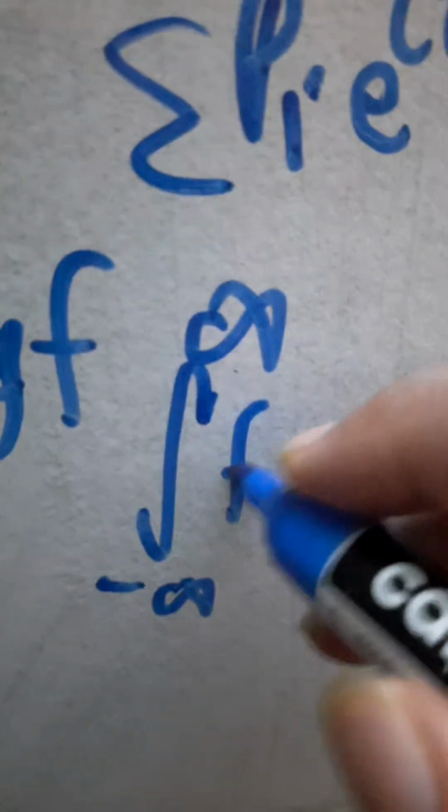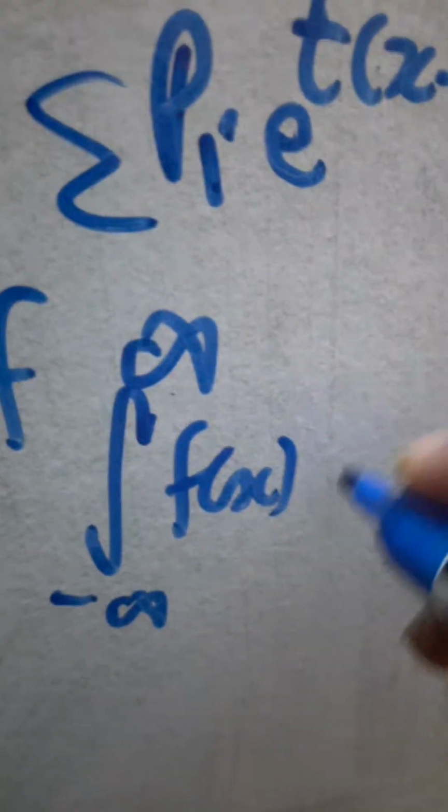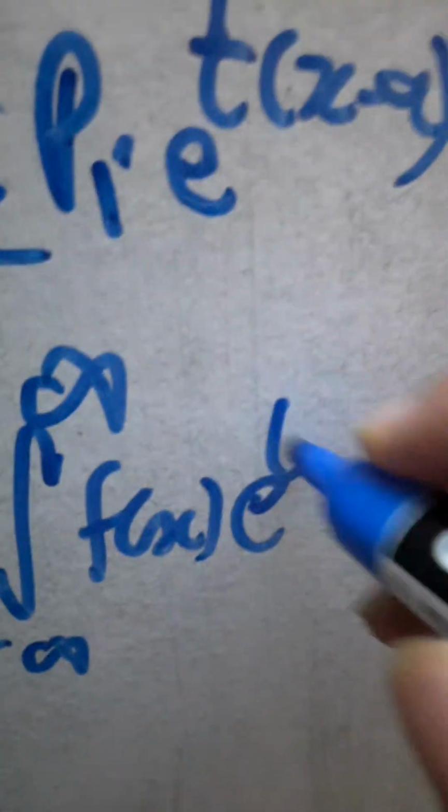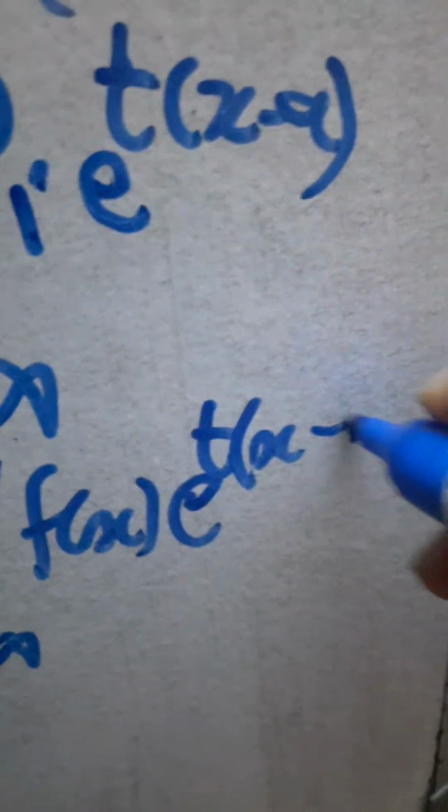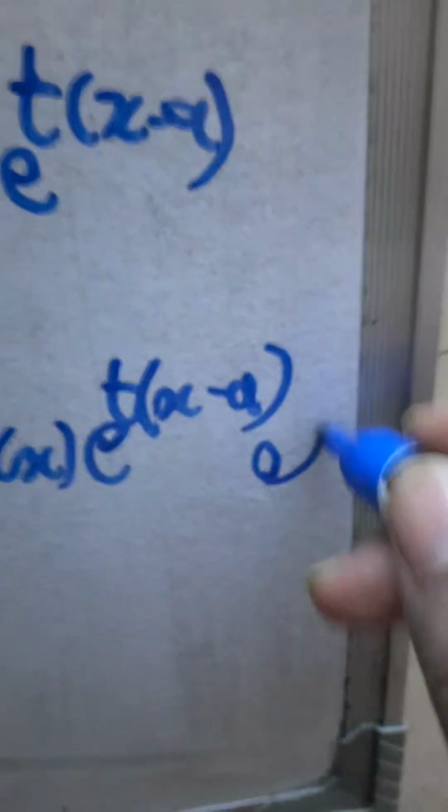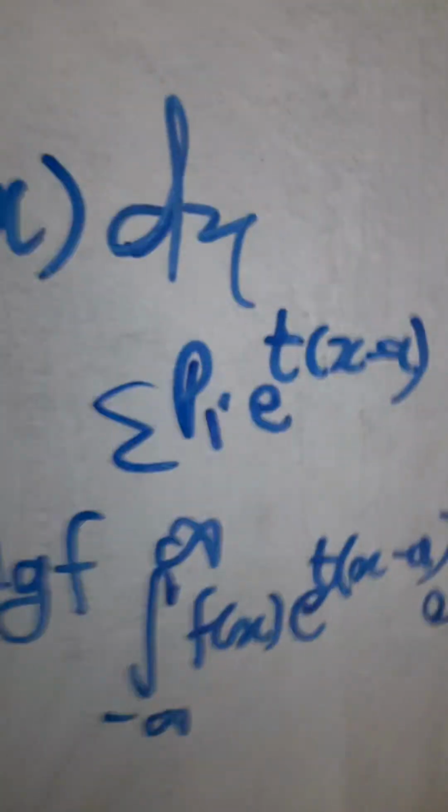You have to do integration from minus infinity to infinity of f of x times e raised to t (x minus a) dx. Yeah, this is it. So we have revised all the formulas. The moment generating function is like the overall biggest function in this, so we just put e raised to the thing here. Others are normal moments.